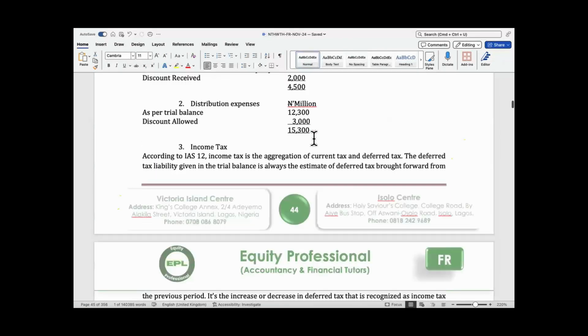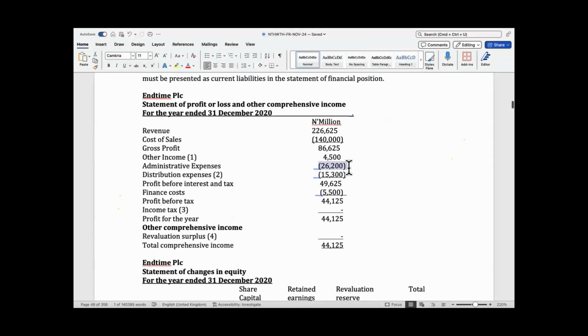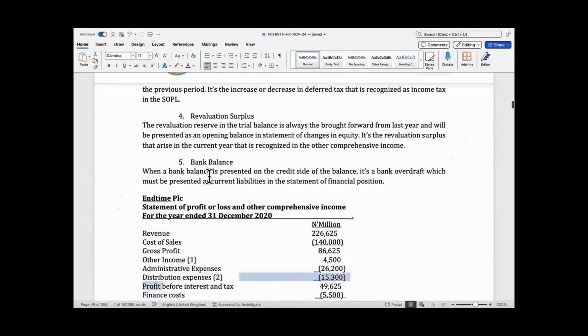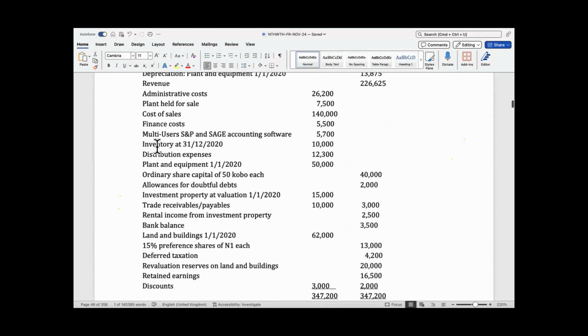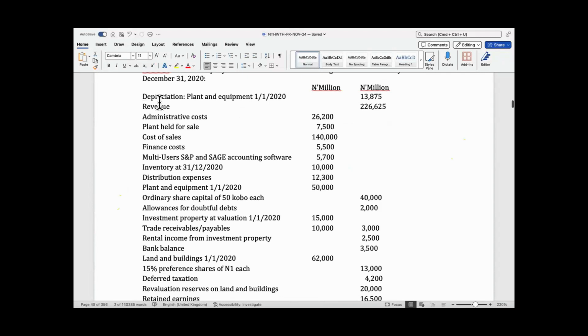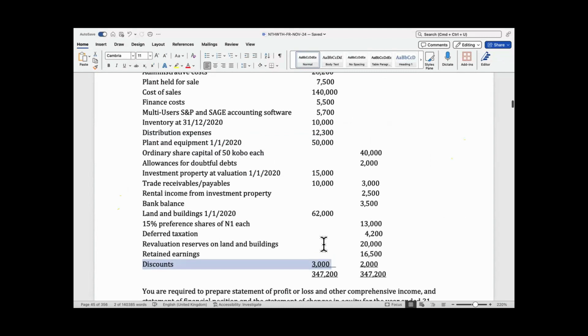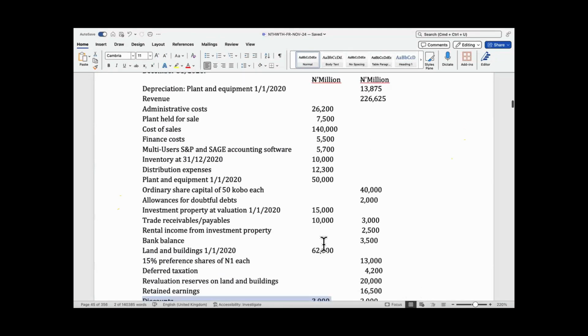So I'll just put my admin as 26,200. Now for my distribution, based on the argument, they gave me distribution expense here as 12,300. Immediately I know that I will add my discounts allowed. Aside from discount allowed, is there anything we see that we can add to this distribution? I don't see any other thing here.